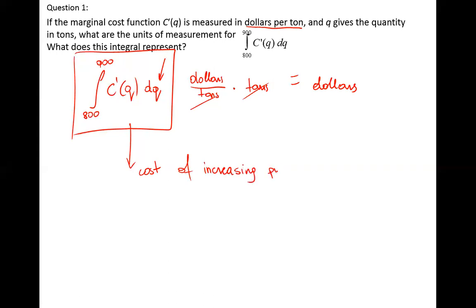Make sure that you understand from 800 tons, because Q is in tons, to 900 tons, and of course dollars.